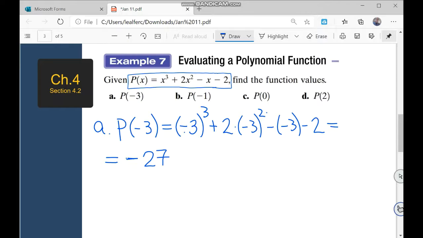Negative 3 squared is 9, because a negative sign raised to an even exponent is positive. Plus 2 times 9, 18. Negative with negative is positive, so positive 3, minus 2. This is negative 27 plus 18, negative 9. Negative 9 plus 3, negative 6. Negative 6 minus 2, negative 8. This is the answer.